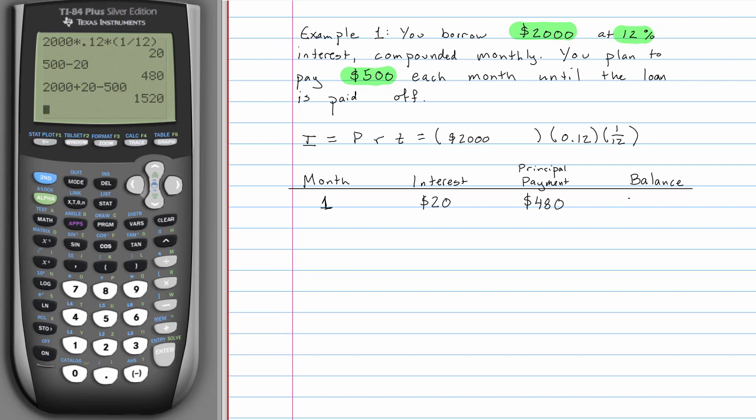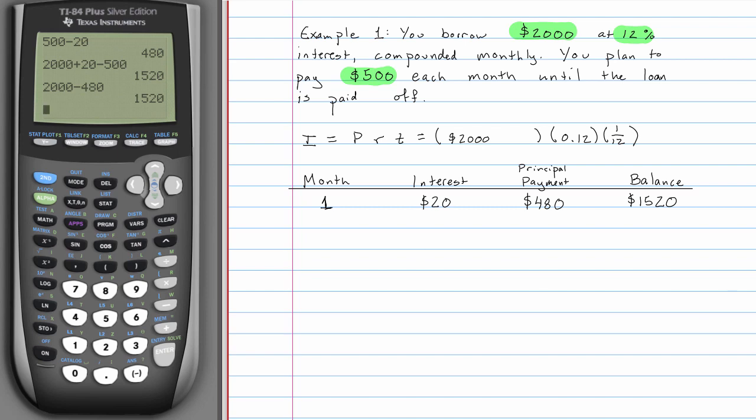I owe $1,520. Now this has the same effect as if I'd taken my $2,000 minus that $480 principal payment amount. And this is how we're going to do that in general, just because it saves steps.